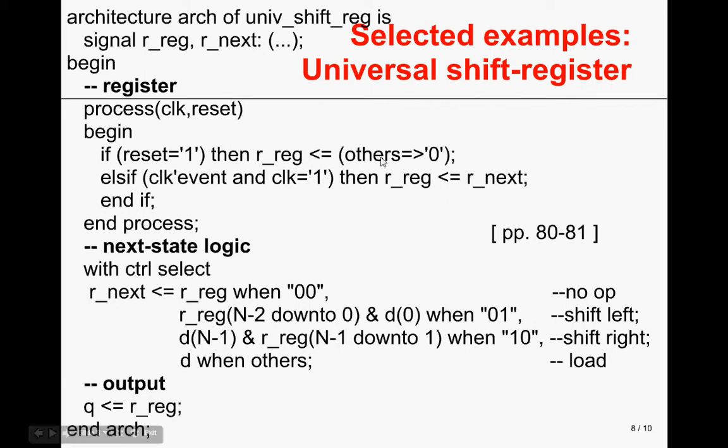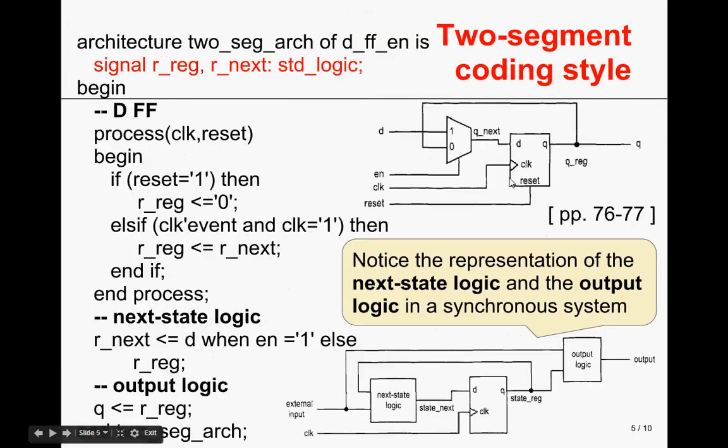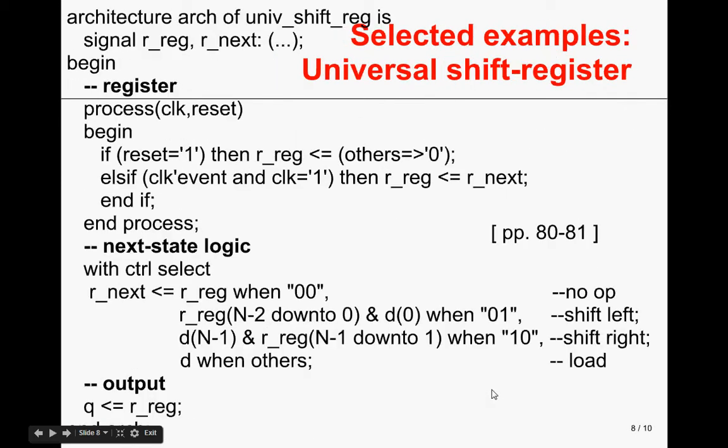It will take the value all zeros when reset is at 1, or else if there's a rising edge in the clock, then it will take the next value. And this is the same whether this is a counter or a shift register or whatever. So the state register is always represented like this.